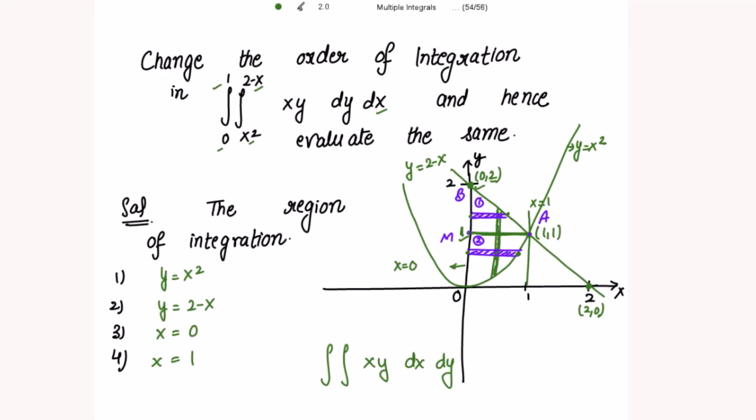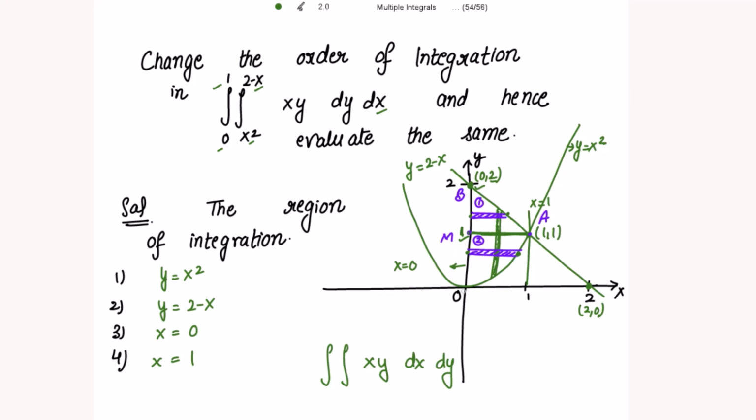Okay. For the first region, the limits for x are, because this horizontal strip means x is varying, started from 0 and reaching this parabola. So the value of x is from 0 to square root of y.